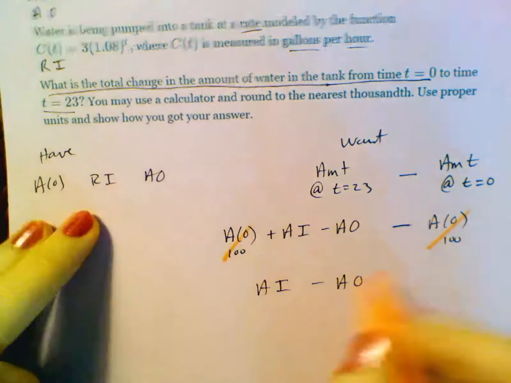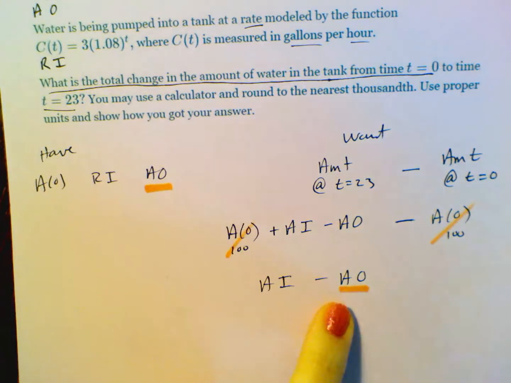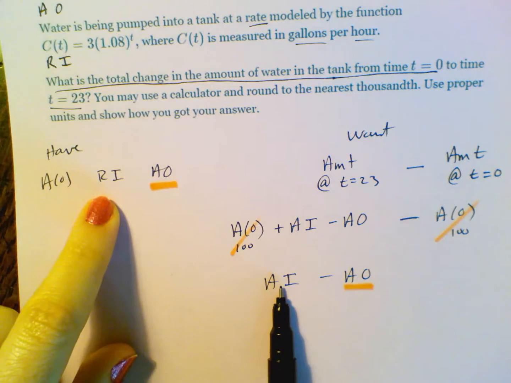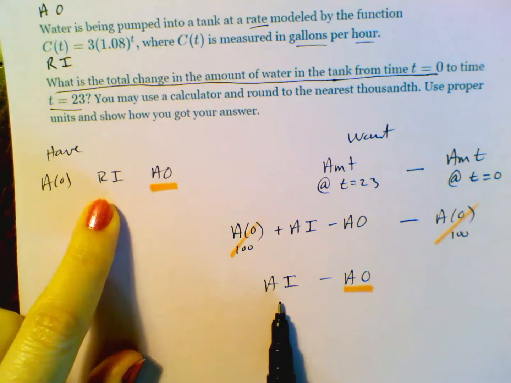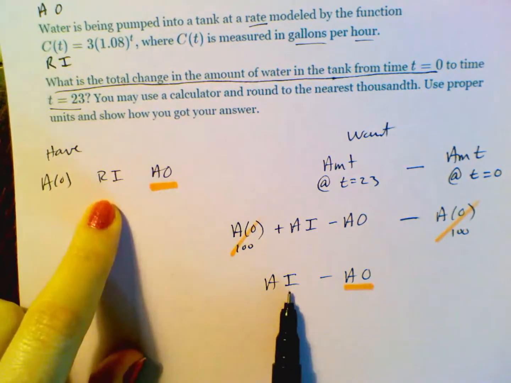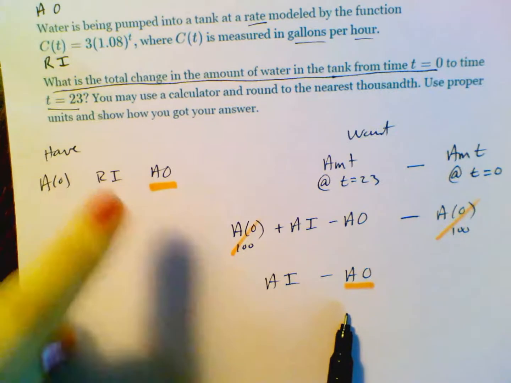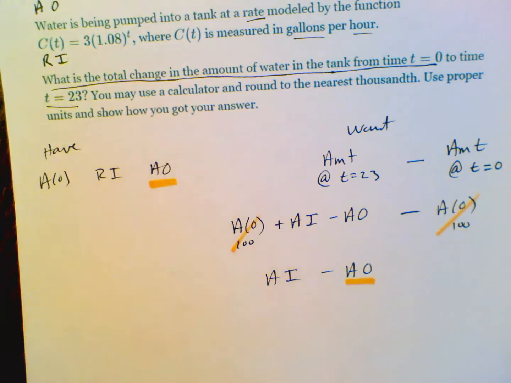So I already have a function for the amount that has come out. I've got that right there. But just like before, I have the rate at which water is being pumped in, but I want the amount of water that has been pumped in from 0 to 23. So I've got to do an integral to get from here to here. The integral of the rate will give me the net change.